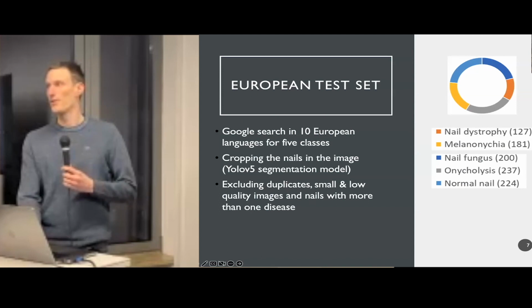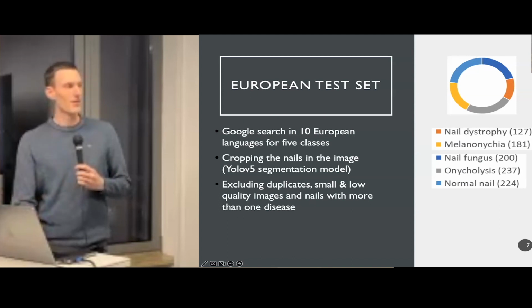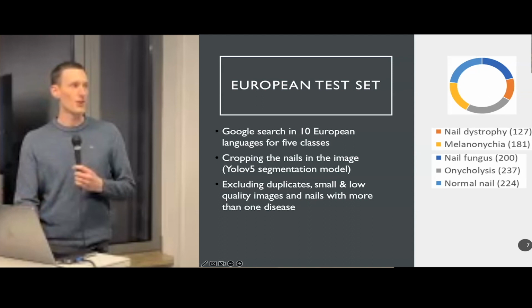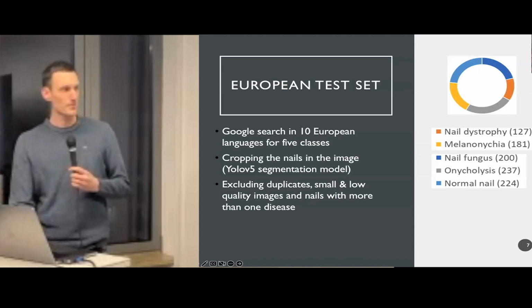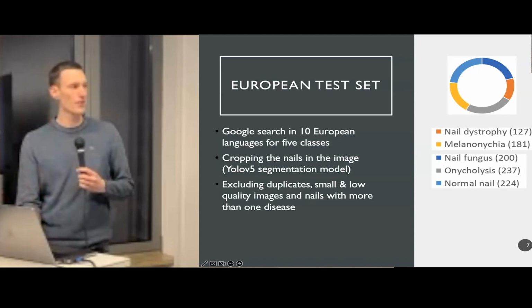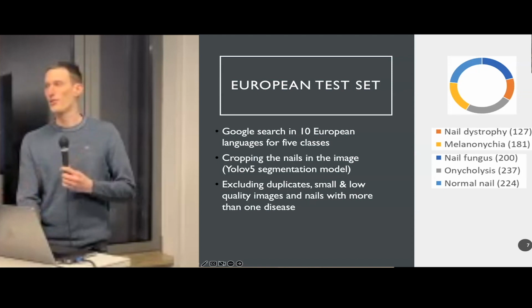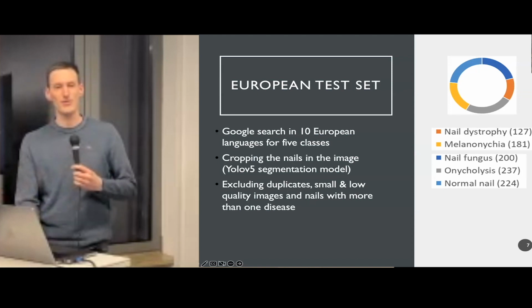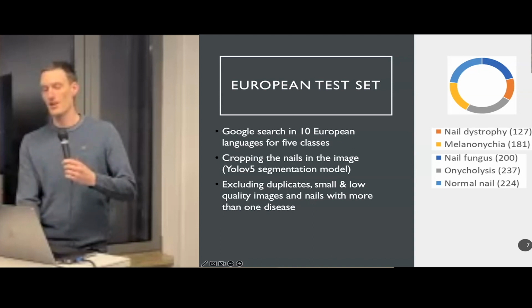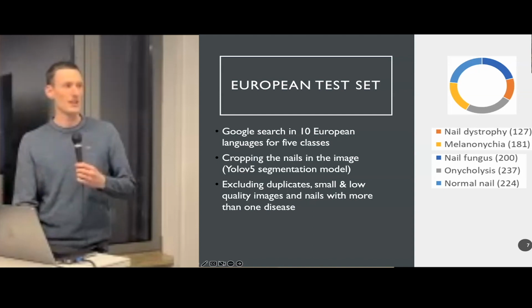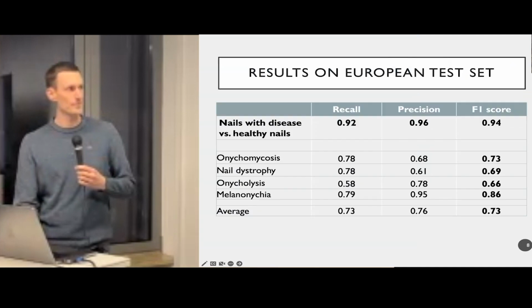And we cropped the nails from the images using a YOLOv5 segmentation model. So in the end, we just had these small crops, but we had to exclude many images because they were of quite low quality, or duplicates, or images with more than 1 disease, which made class assignment unclear. So in the end, we came up with this distribution of cases on the right.